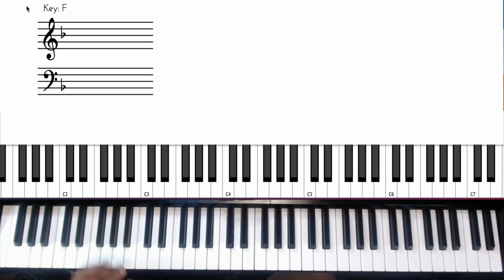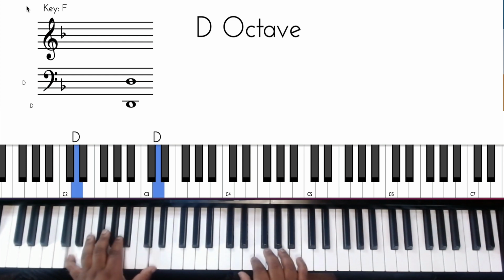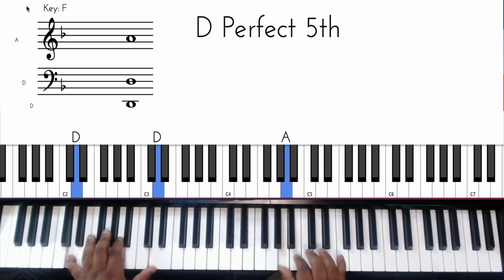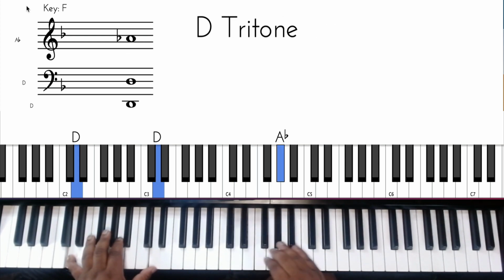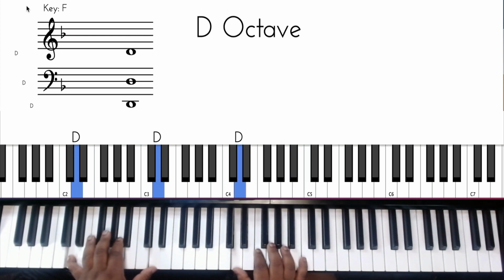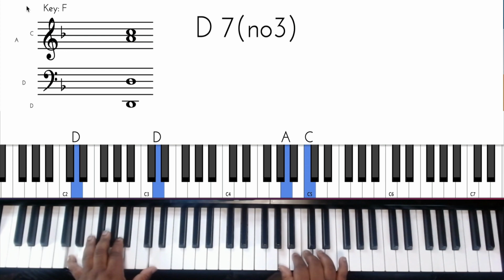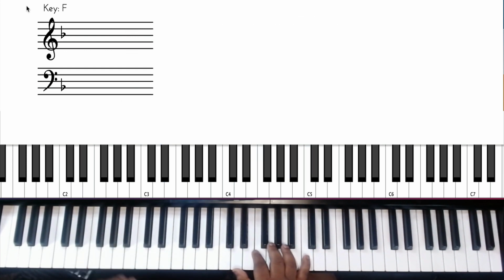The scale they're using, and then you could do some licks over that D. So you have D, F, G, A flat, A, C, D. You could do some licks off of that.